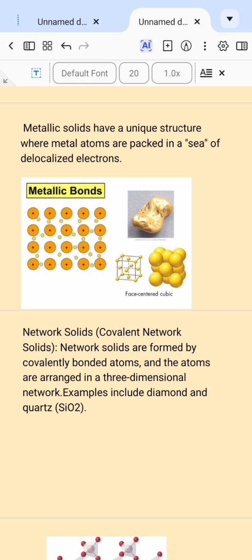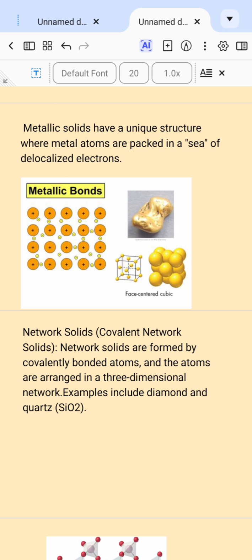The third type is quartz, which is made up of silicon and oxygen. How are the atoms arranged here? They are also arranged in such a way that a network shape is formed between the silicon and the oxygen.